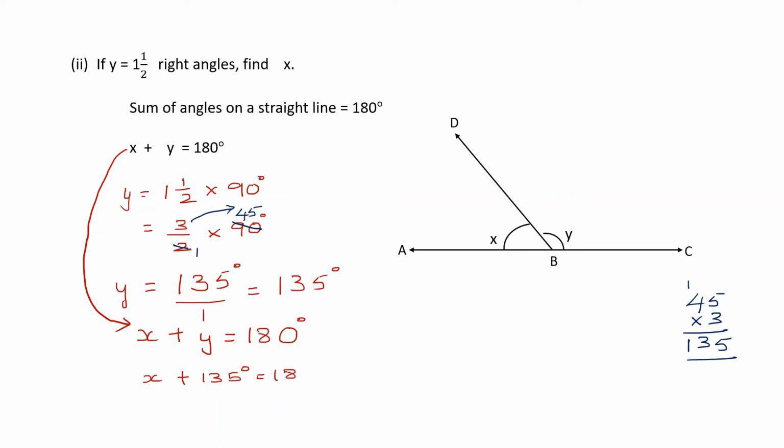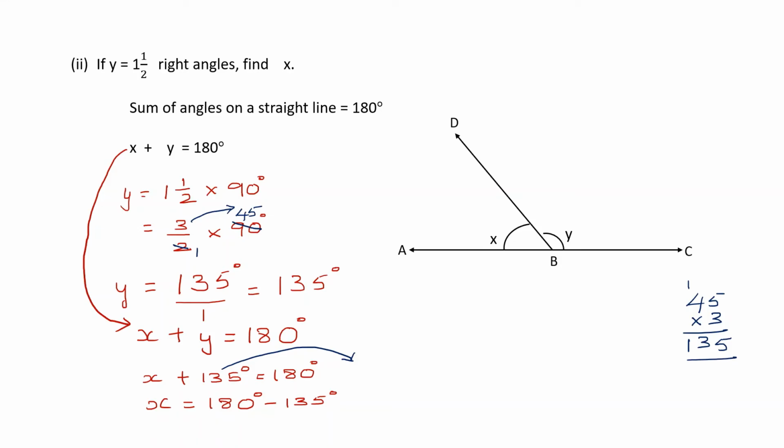Both together should be equal to 180. So I'm going to leave x here on the left hand side. On the right hand side, we already have 180. I'm going to leave it there. I'm going to move my 135 degrees to the right side. It becomes minus 135 degrees.